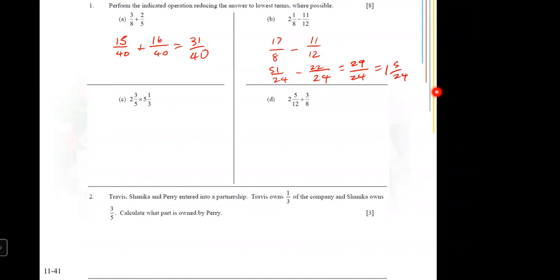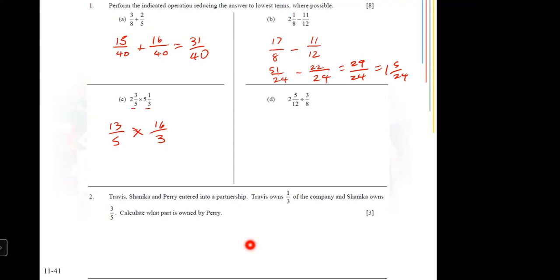Multiplication is a little easier, but if you have mixed numbers, you have to convert them. So this would be 5 2s 10, that's 13 over 5. And then 5 3s is 15 and 1, 16 over 3. Now you could cancel, but there's nothing here to cancel.